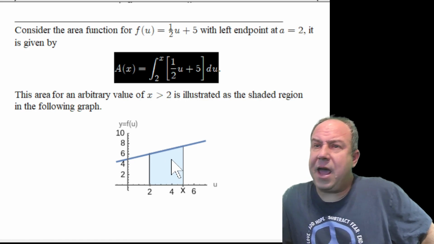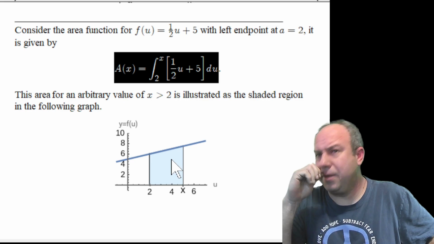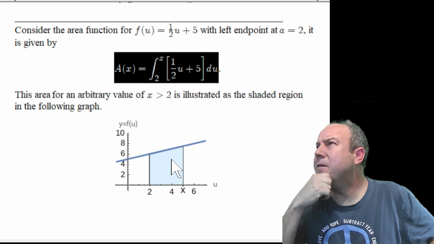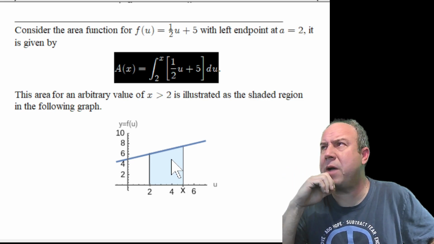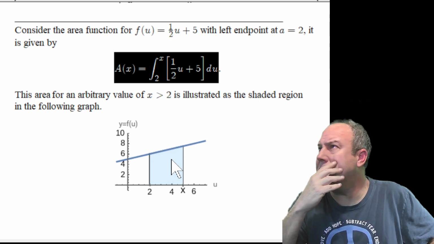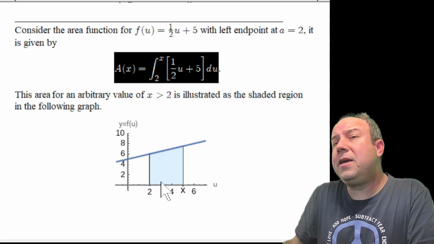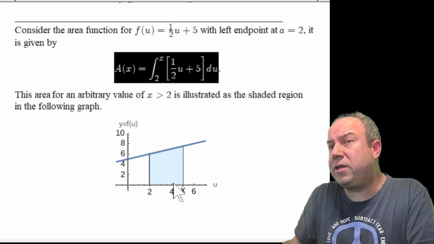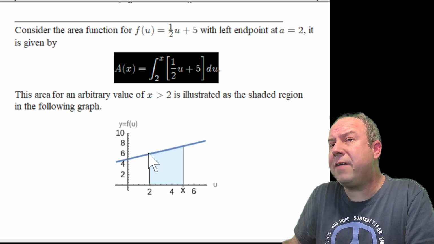Well, if you take a look at this shaded region, this area we're going to describe as the area of a trapezoid. And there's a formula for finding the area of a trapezoid back in geometry. The area of a trapezoid is going to be this length here from 2 to x times the average of the lengths for these two parallel sides.